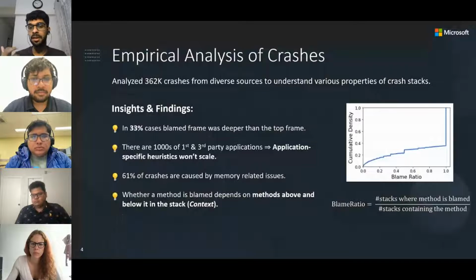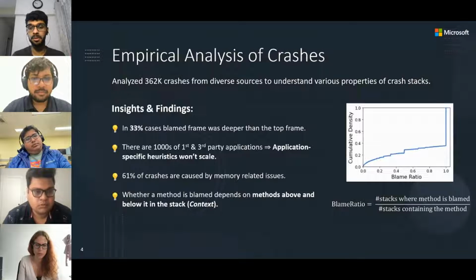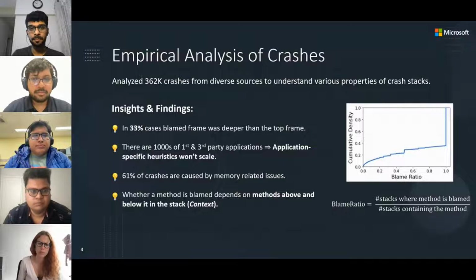Therefore, you can't really memorize blame frames and simply predict them. Whatever Deep Analyze does, it needs to capture some amount of context to decide which is a blame frame and which is not. This context we get from other methods in the stack above and below every frame. Please refer to our paper for more insights and details from our study.